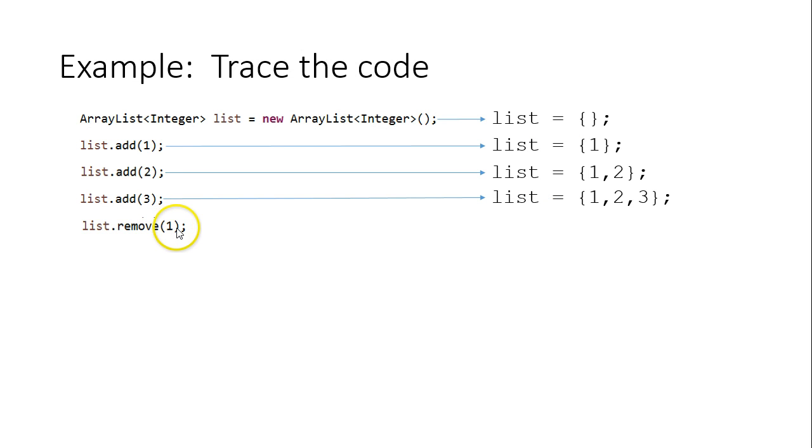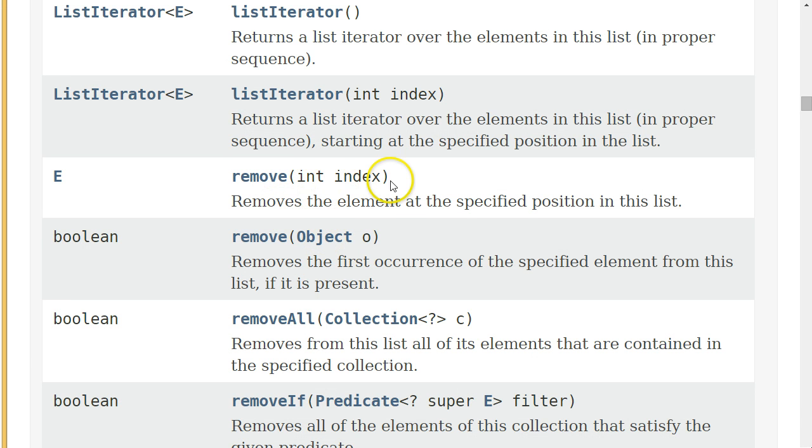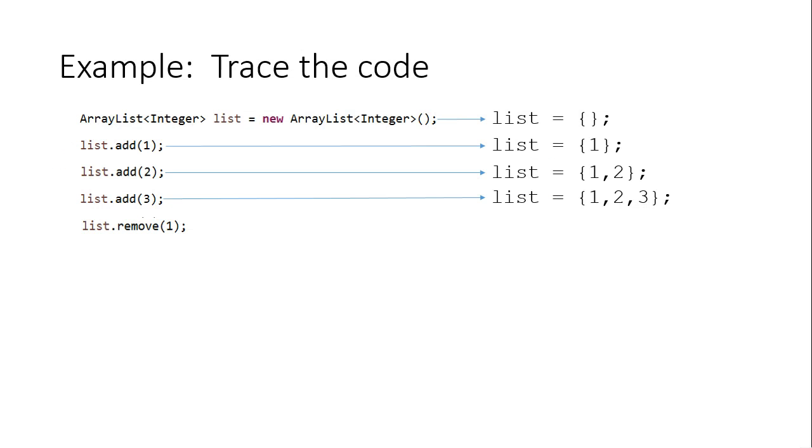We look at our example and we see that we're passing it an integer, so I'm using this version of remove. It's going to remove the element at whatever index I pass it. Take note that it returns something, but we'll talk about that a little later. So index is 0, 1, 2. When I execute this line, we remove the value at index 1. That space here is purely just a typo.